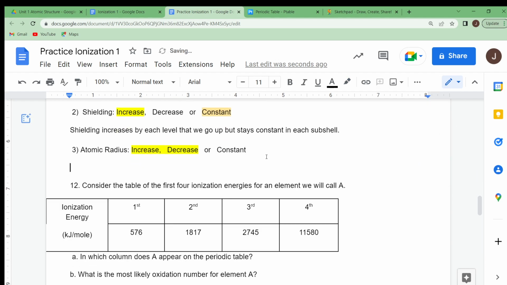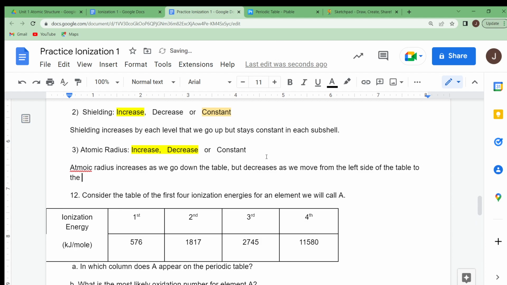Okay, we're going to say that atomic radius increases as we go down the table, but decreases as we move from the left side of the table to the right side of the table. Okay.